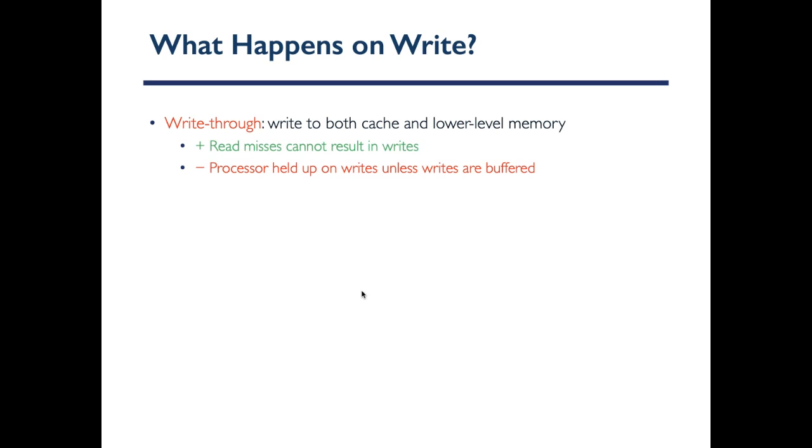I got a question. What does it mean for the write to be buffered? Yes. So I'm going to give you a high-level answer. This mostly is discussed in computer architecture courses.